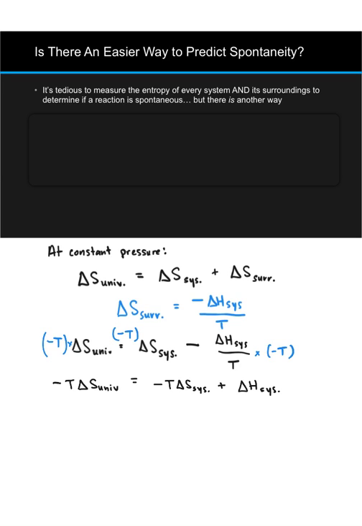I'm going to rearrange this just a little bit. I'm going to say that the right-hand side is delta H for our reaction minus T delta S for our reaction. And on the left-hand side, I'm going to give this entire term, negative T delta S, a new name. This has a special connotation in thermodynamics. This is called the Gibbs energy of a system. And we're going to call the Gibbs energy delta G.